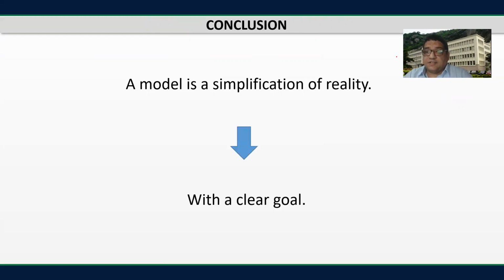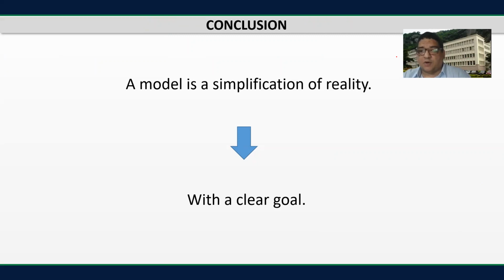And I need to make this simplification with a clear goal, like I showed in the example of the sailor. The sailor has a goal. He needs to navigate to the entrance of the Guanabara Bay. So he has a specific problem, a very specific problem.